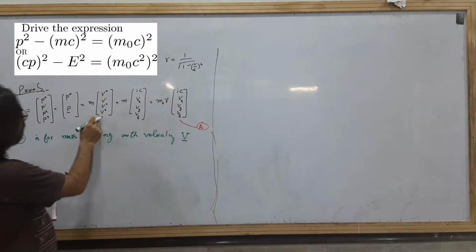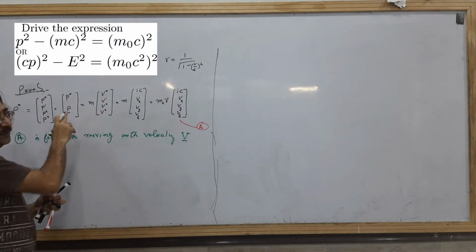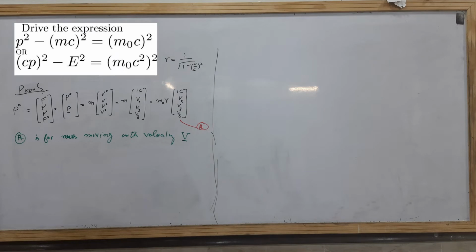Here V means simple velocity. If the mass is moving with the velocity V.